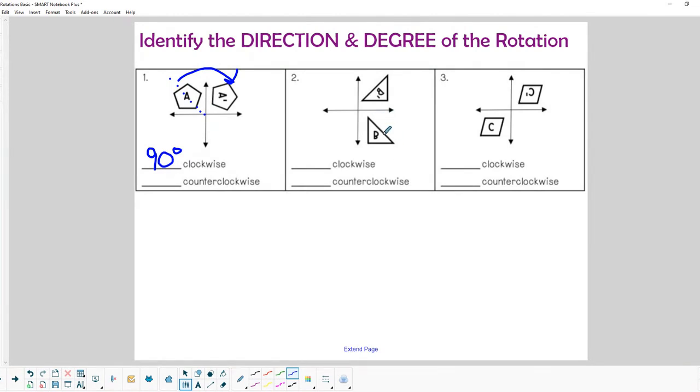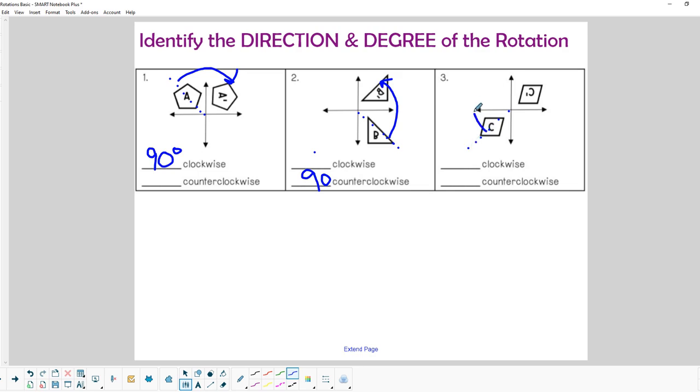This next one, imagine our axis of rotation right here, and it's rotating up this way. So that would be 90 degrees counterclockwise because it's rotating backwards. This next one almost doesn't matter what way you think about it because it's the same either way.